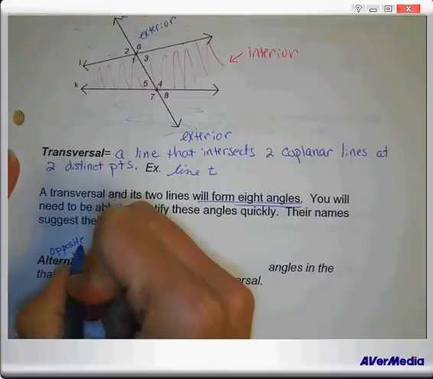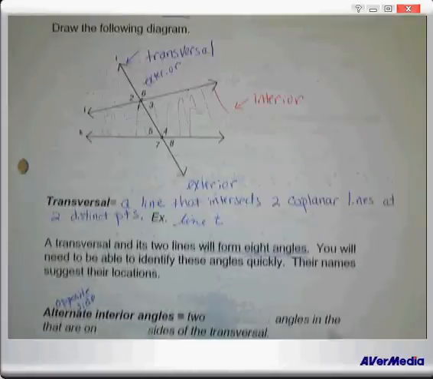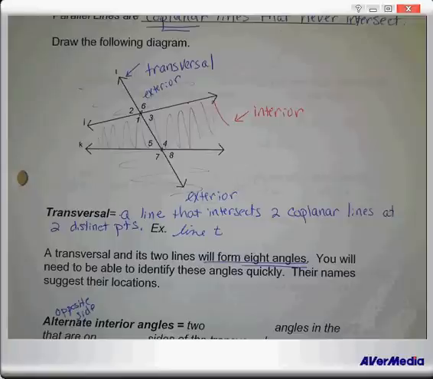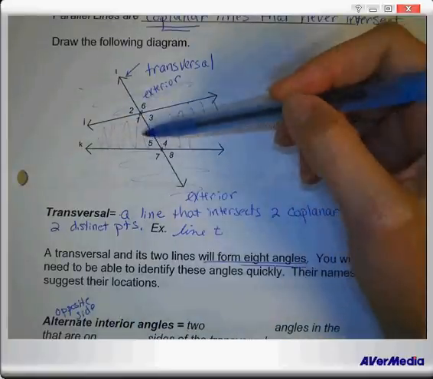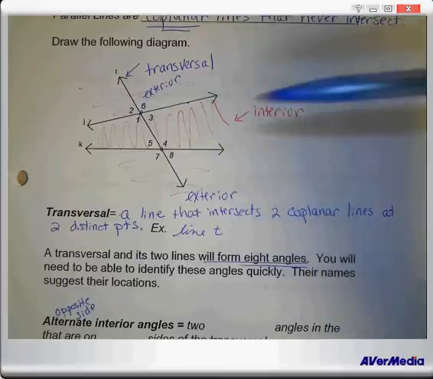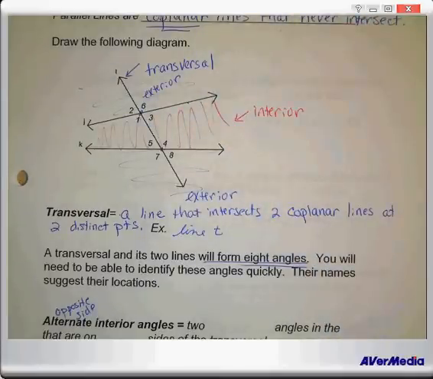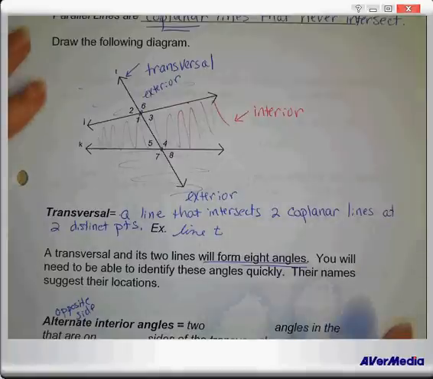So when you see the word alternate, think opposite sides, like 2 and 6 are on alternate sides of this. Interior, well, we're going to be talking about the interior angle, area between the 2 lines, not angles, excuse me, but angles, yes, but area between. So let's fill in the words that we need to figure out what alternate interior angles are.